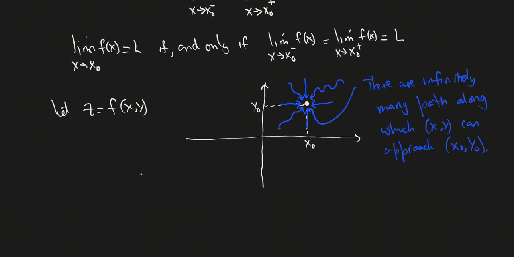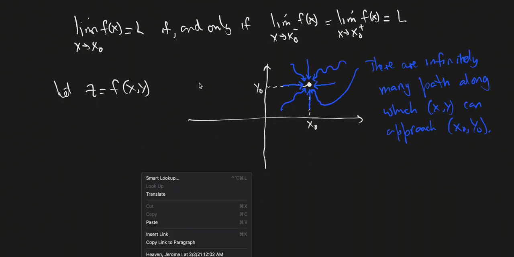We're going to define what it means to approach a point along a curve, and then use that concept to explore the idea of a limit of one of these functions. So I'll state the result for a function of two variables and also a function of three variables.